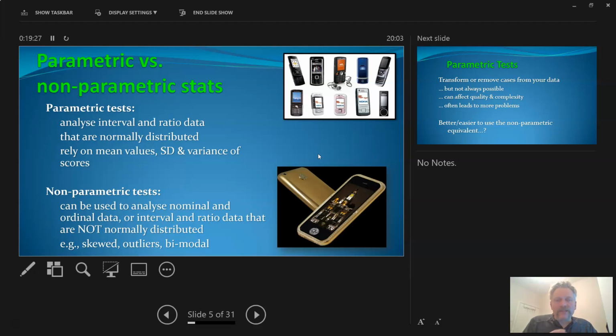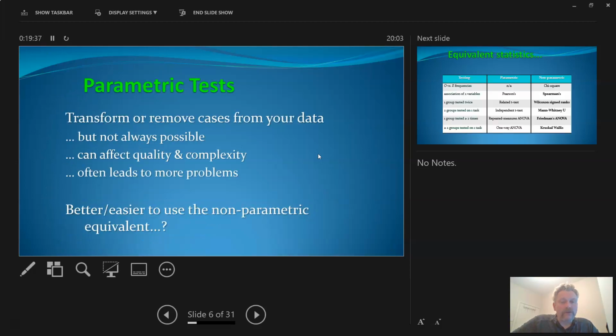And so in that instance, doing parametric analyses might not be the wisest case. Instead, we could decide that we want to press ahead and still do a parametric test. But what I could do perhaps is remove that one person from my database.